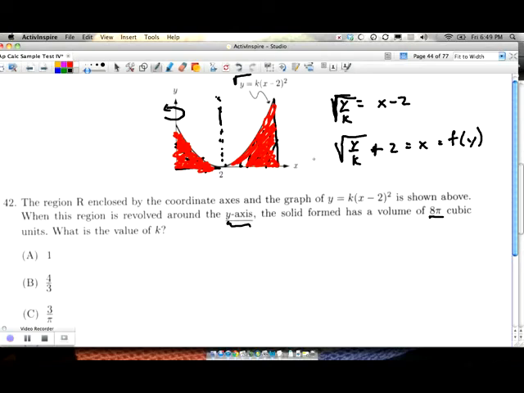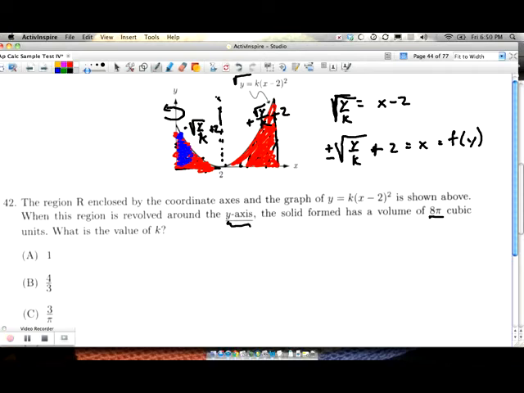That makes a little bit more sense as far as the shape and how it's going to work out with the pieces that we need. Okay, so this is actually going to have a plus or minus here. I know that sounds weird, but this piece down here is going to be minus square root of y over k plus 2, and this piece over here is going to be positive square root of y over k plus 2.